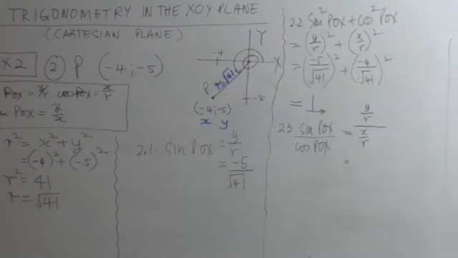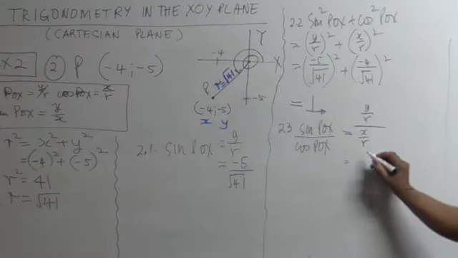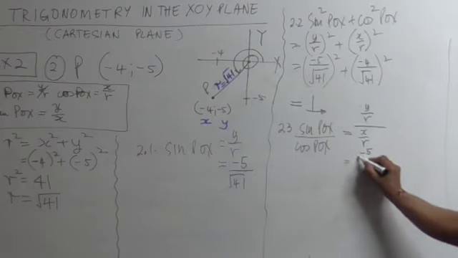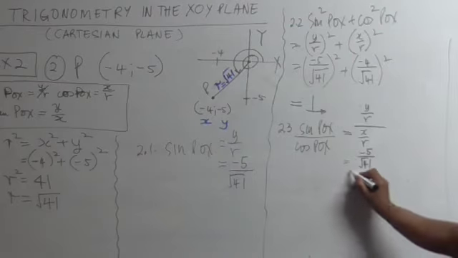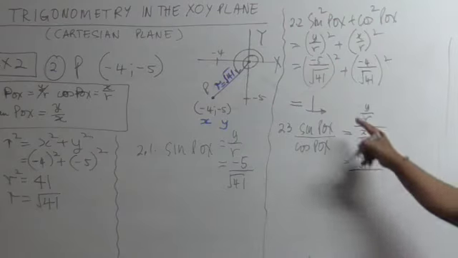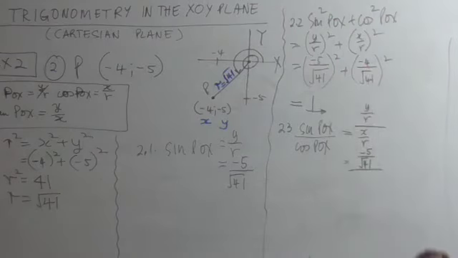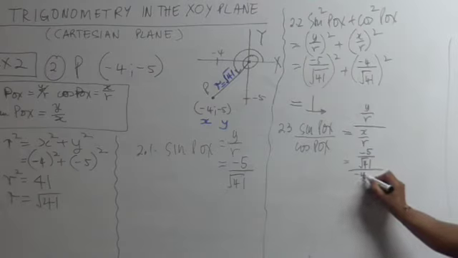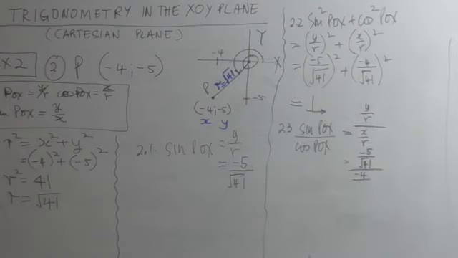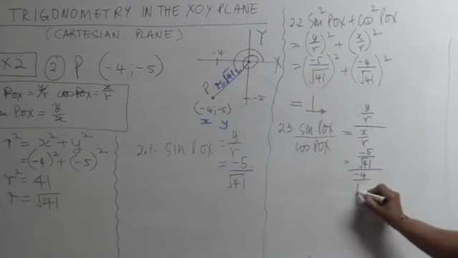Even when you're writing, you must write like that. Y over r, we already found it here: minus 5 over root 41, all over x over r, negative 4 over root 41.